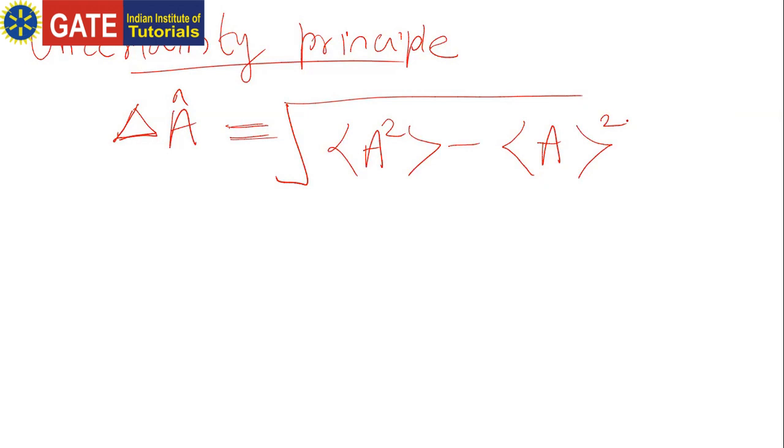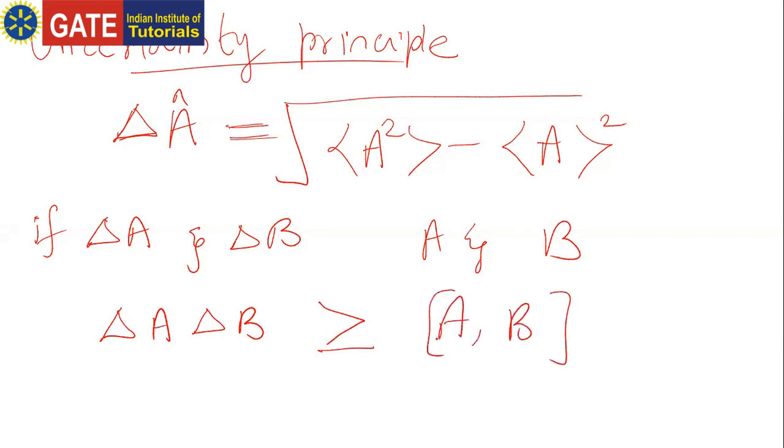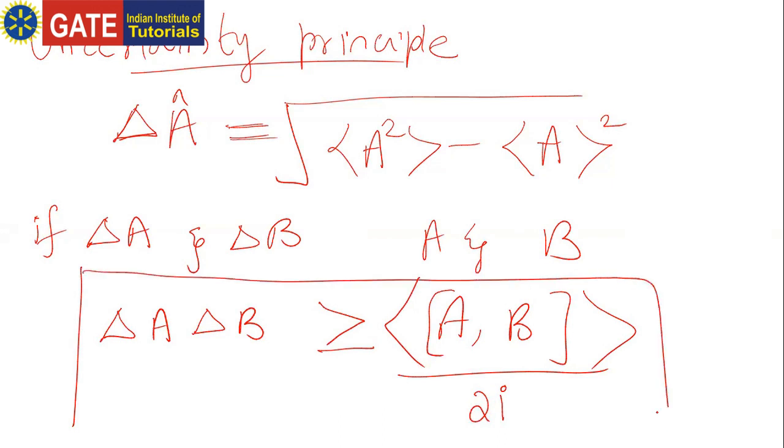Now I am going to give you an uncertainty relation. If delta A and delta B are the uncertainty in the measurement of A and B, remember the relation: delta A into delta B is greater than or equal to the expectation of the commutator [A, B] divided by 2i. This is the uncertainty relation.